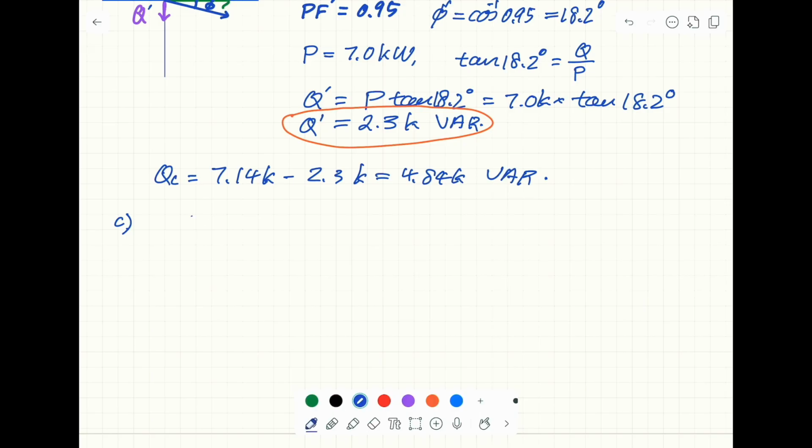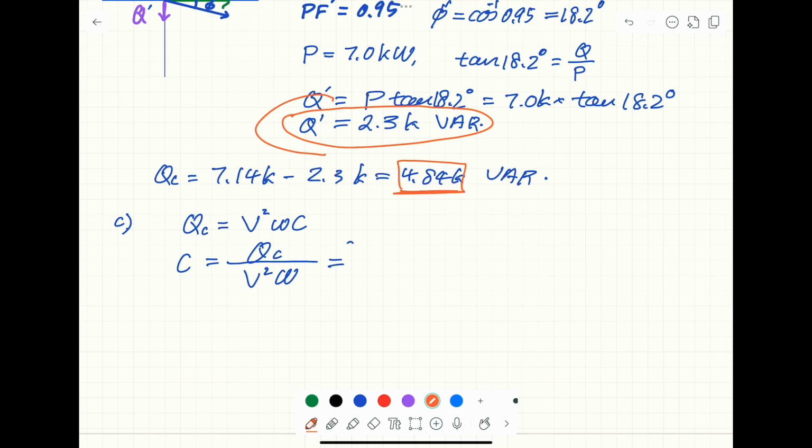So we can find this value by QC equal to V squared omega C. So C is equal to QC, the reactive power, over V squared omega. The reactive power we just calculated is 4.84 k, and the voltage is the total voltage, so this is 240.